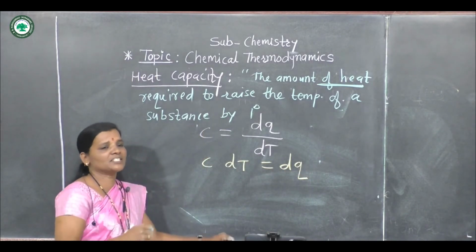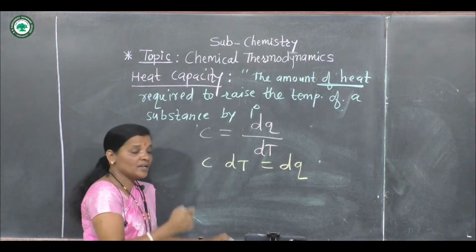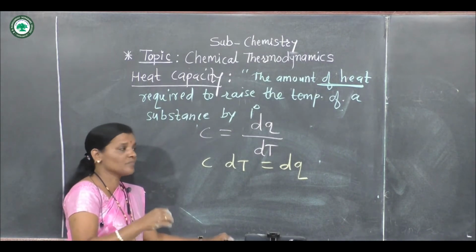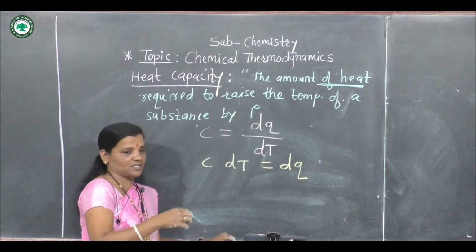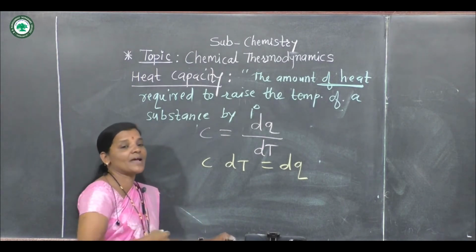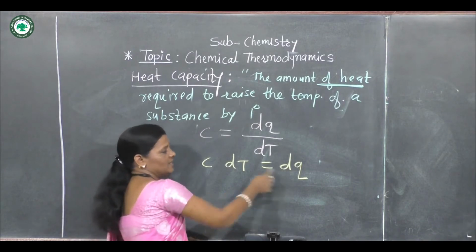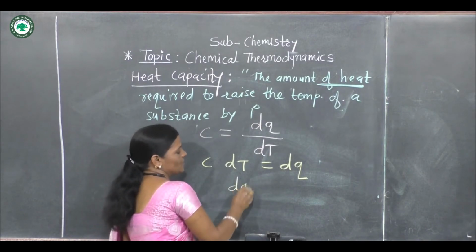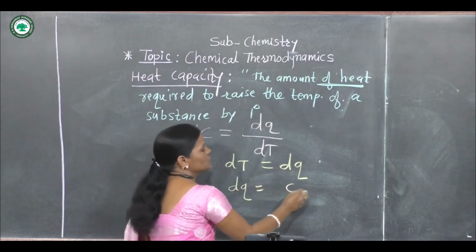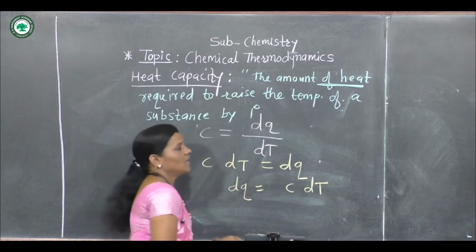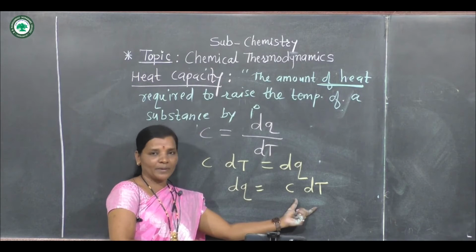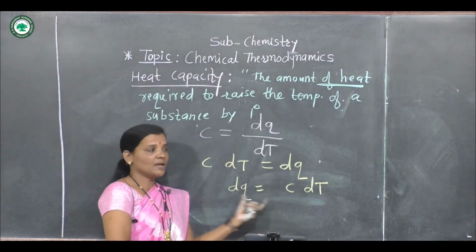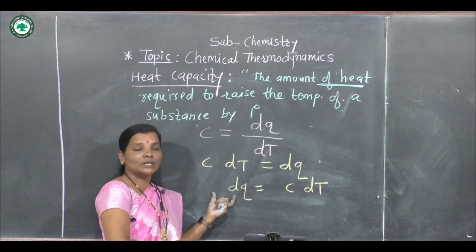In heat capacity we are concerned with the heat of the system, so we have to find out what change of heat occurs when temperature is raised by 1 degree. Writing this equation for simplification, dQ is equal to C dT. This is the smaller amount of heat, and this is the smaller rise in temperature produced by giving this amount of heat to the system.